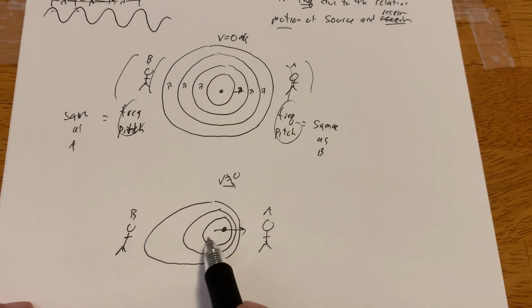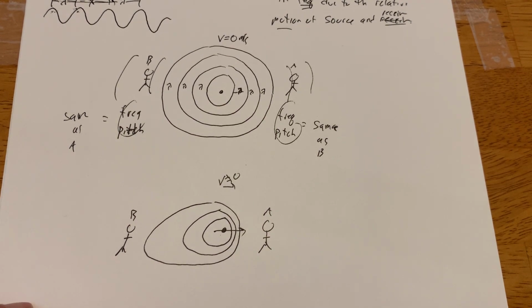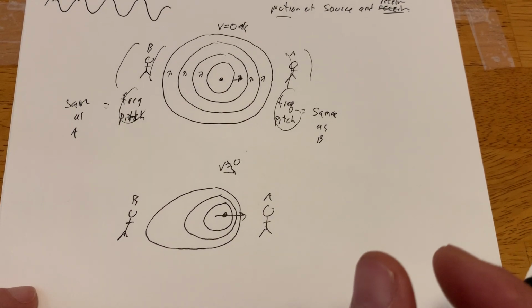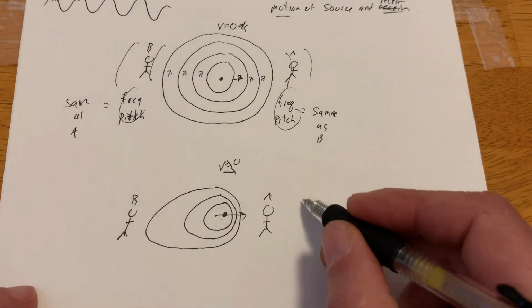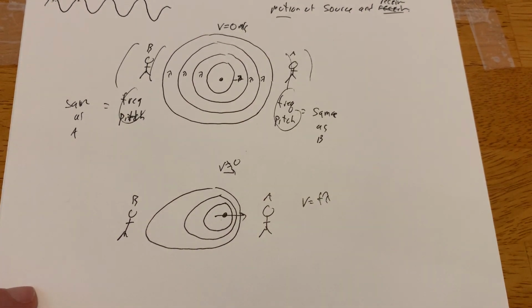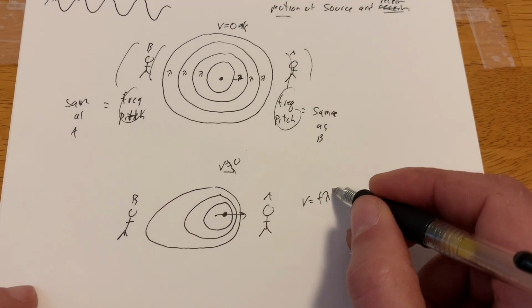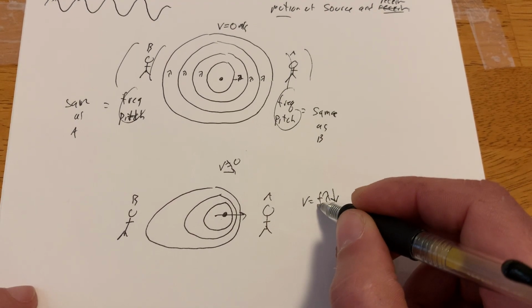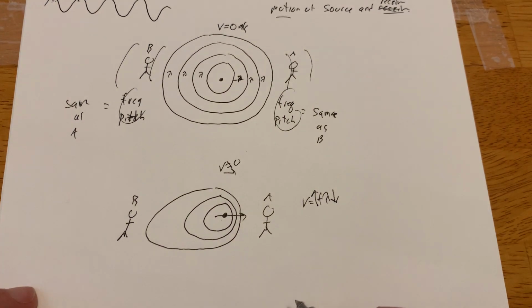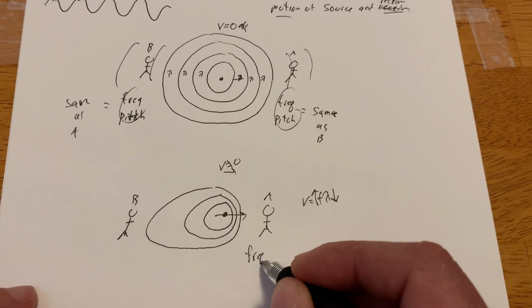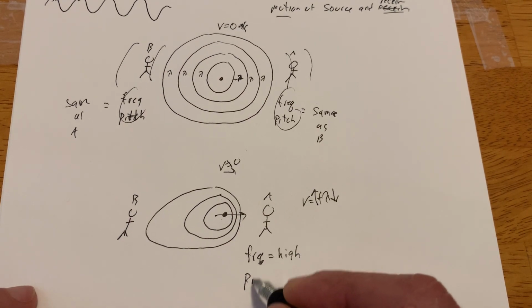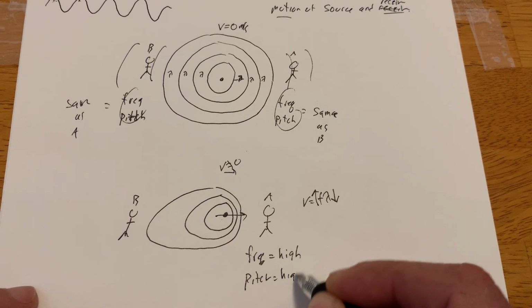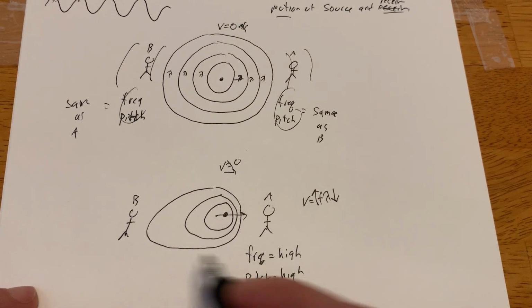But look what happened. As I start to move this object to the right, the wavelengths in the front start to get squished together. So if the wavelengths get shorter, since velocity is equal to frequency times wavelength, as the wavelengths get shorter, the frequency must get bigger. So the person over here hears a high frequency, which means the pitch is going to be high. How about this person over here?